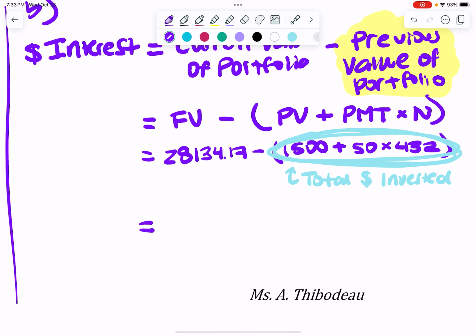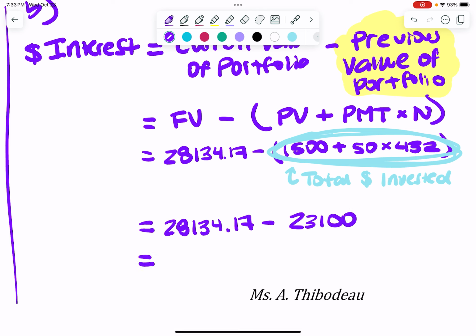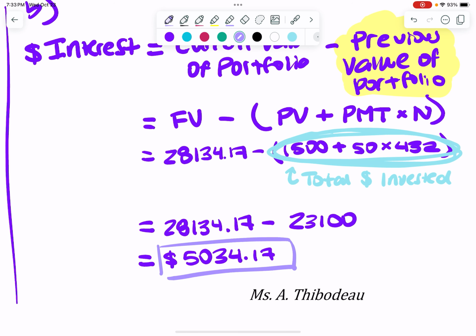So when I do that, I'll do the bracket separately just so we can talk about it a little bit. When I plug in the bracket separately, I end up with $23,100. And altogether, my dollar amount of interest is $5,034.17. Okay.